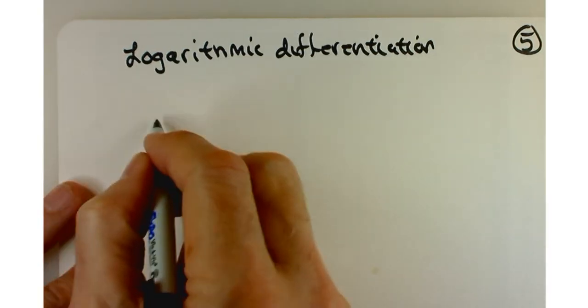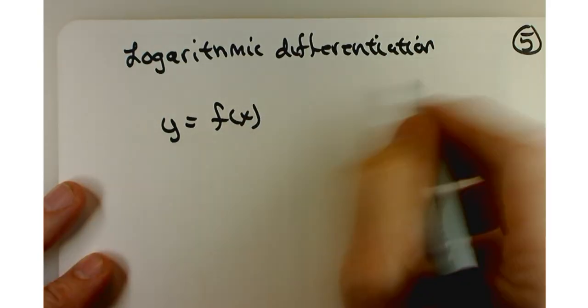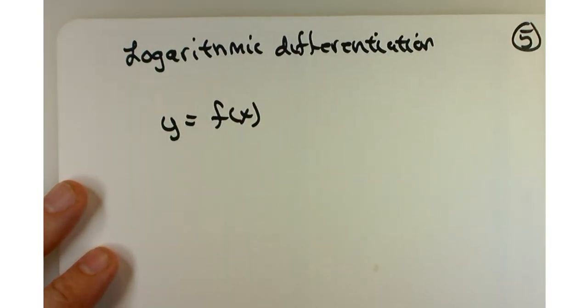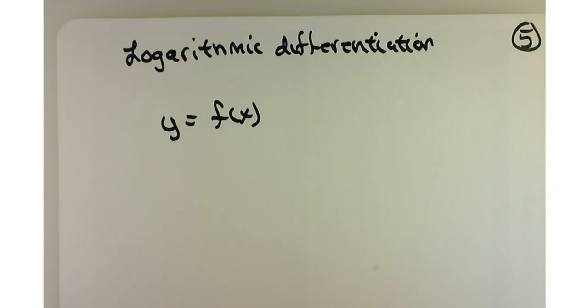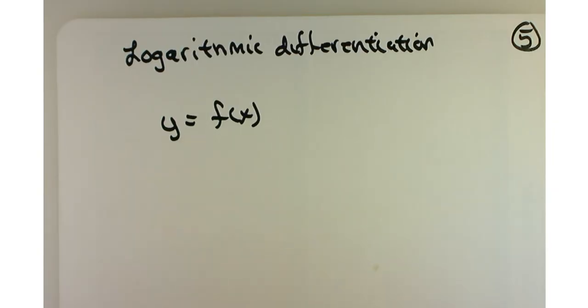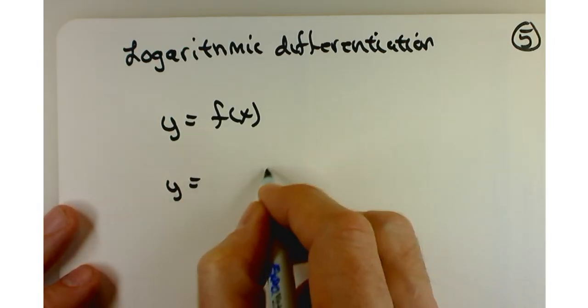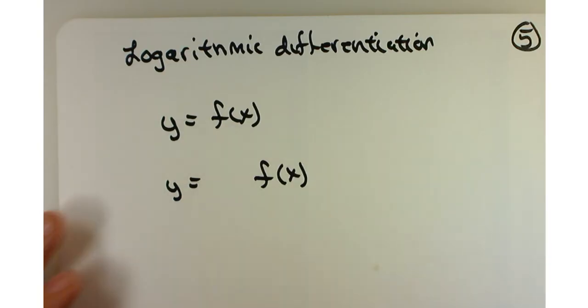Suppose you have y equals some function of x. Not so bad. You want to find its derivative. But f of x is some kind of messy function for which, if we had some logarithms involved, the properties of logarithms could help us out. So what we'll do is take the natural log on both sides.